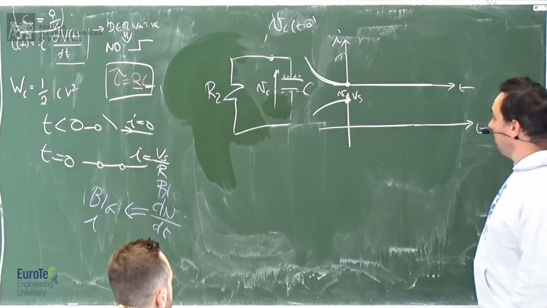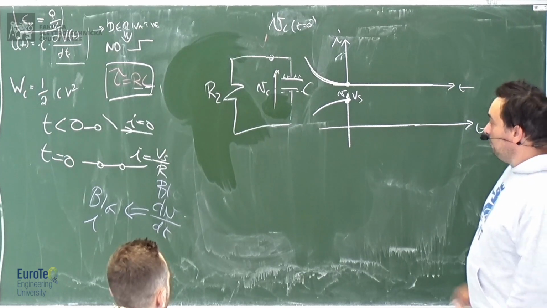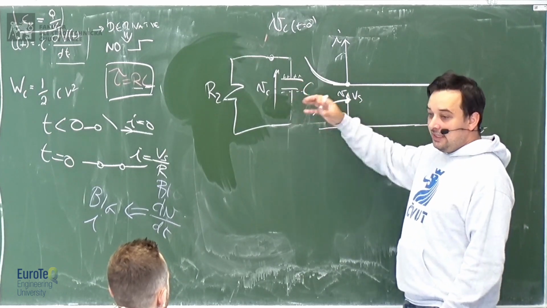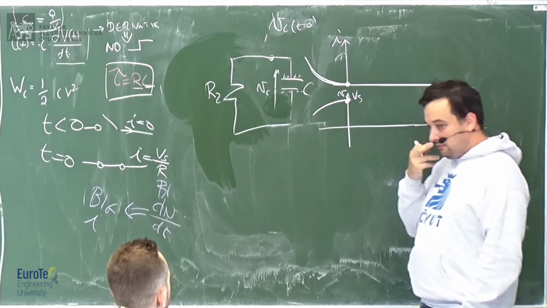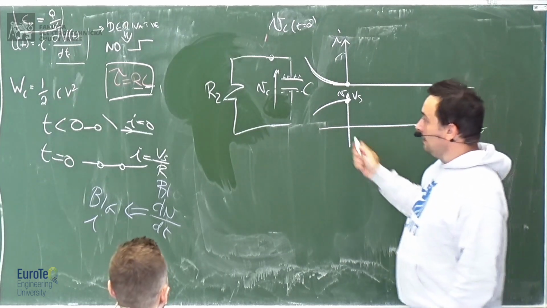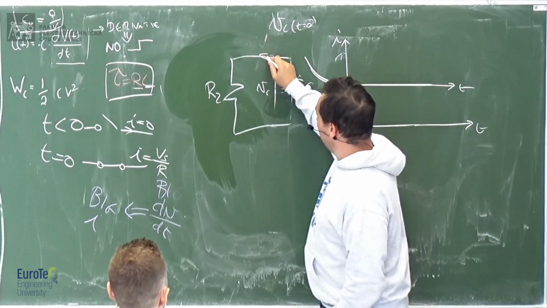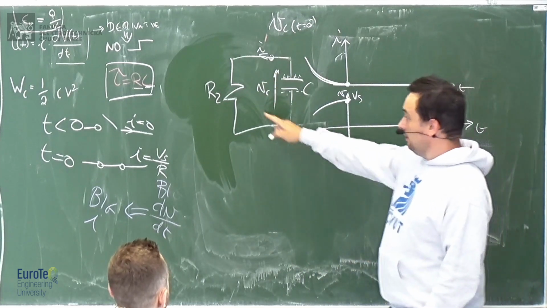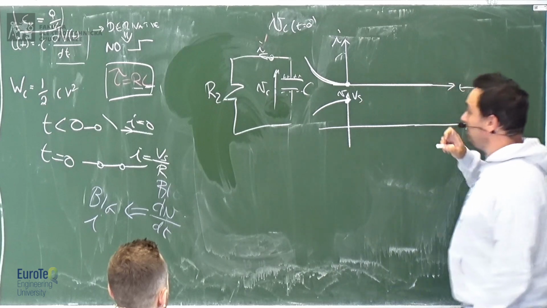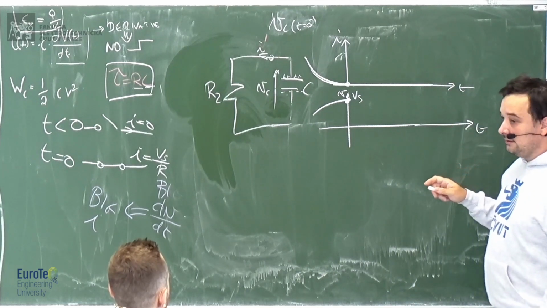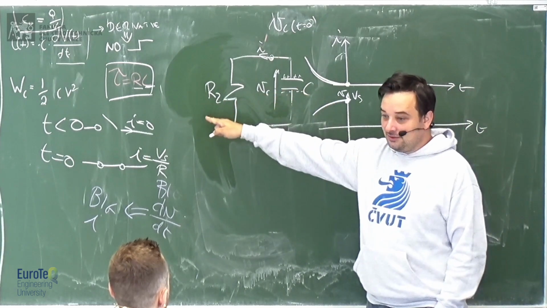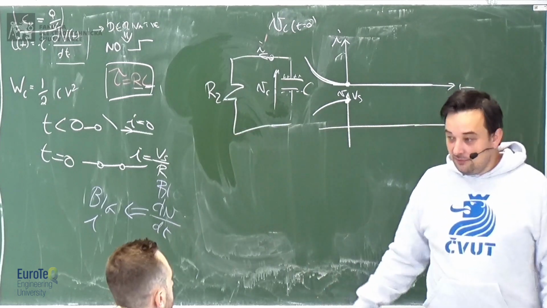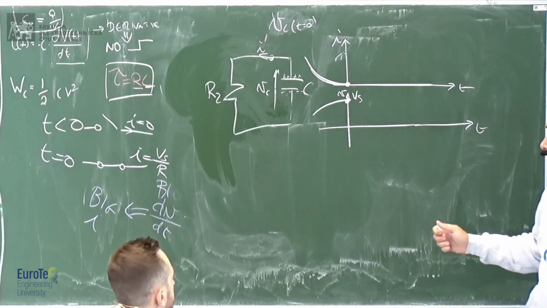Now, what happens to the voltage and the current? You have the voltage, which has been created by the previous process of charging. It's charged, and then you apply it to a resistor. So you have a current, which is going to be V over R, exactly, the voltage of the capacitor divided by the resistance.